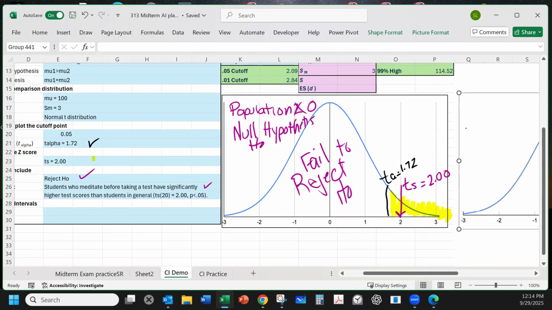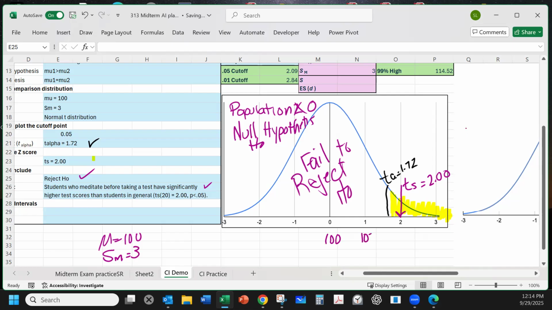And so in this case, we had mu equals 100. We didn't use sigma because we had to estimate it. So we use SM, that equaled 3. So if we were going to go back and talk about the raw scores that we used for this distribution, you'll remember this from chapter 2, I believe. We just line these up, adding the standard deviation. And make sure, yep, the standard deviation is 3.